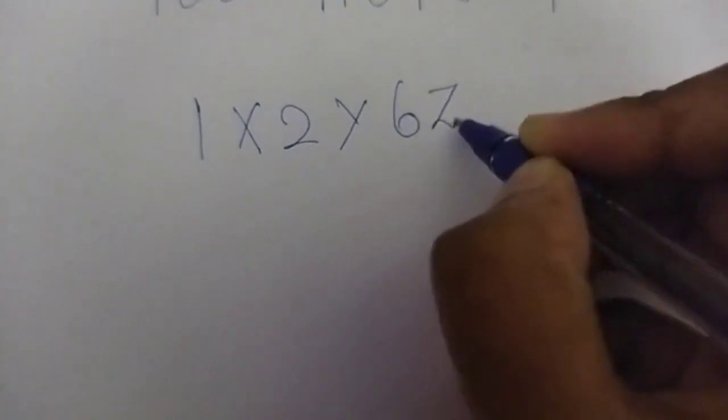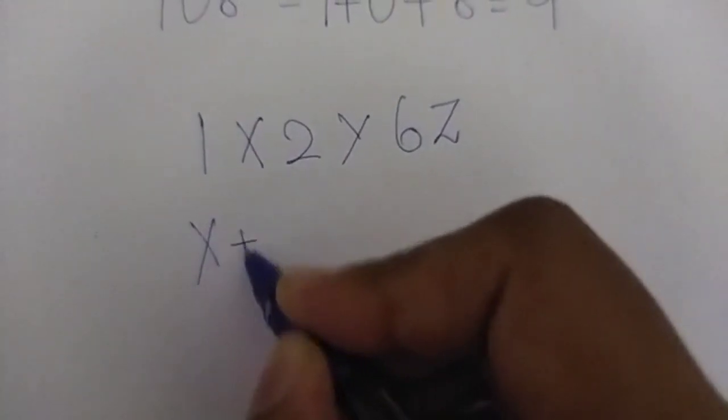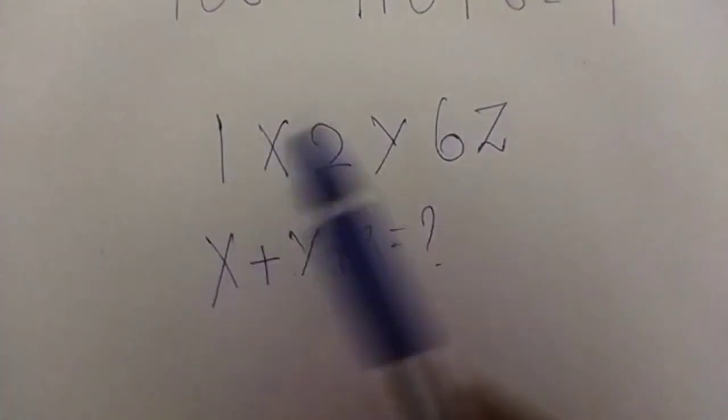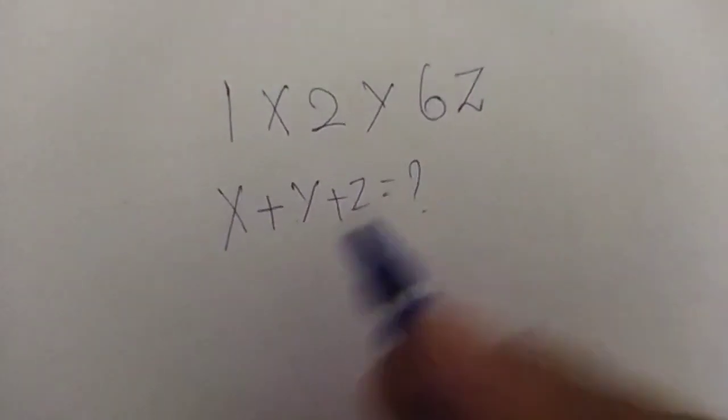Here the given number is 1x, 2y, 6z. Now we need to find the least possible value of x plus y plus z. If the number is divisible by 9, which means the sum of digits is also divisible by 9, right?